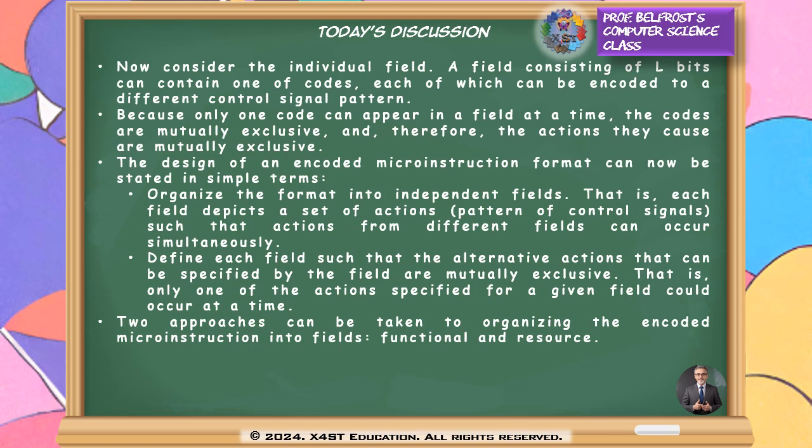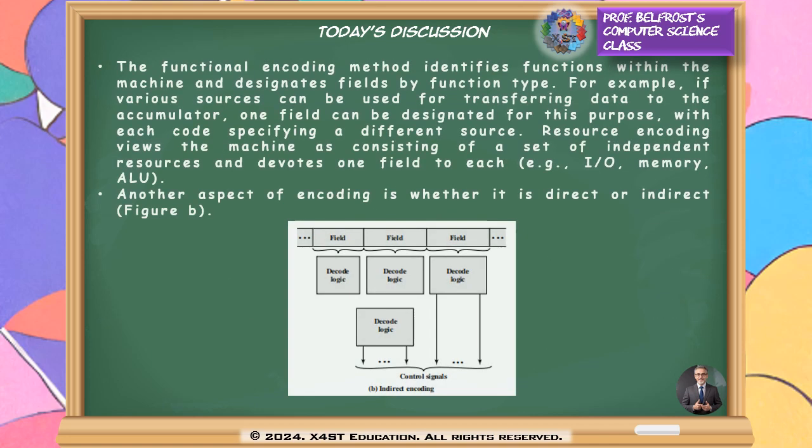Two approaches can be taken to organizing the encoded microinstruction into fields: functional and resource encoding. Functional encoding identifies functions within the machine and designates fields by function type. Resource encoding views the machine as consisting of a set of independent resources and devotes one field to each.